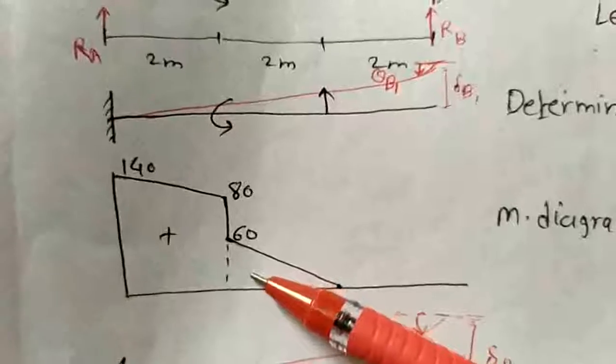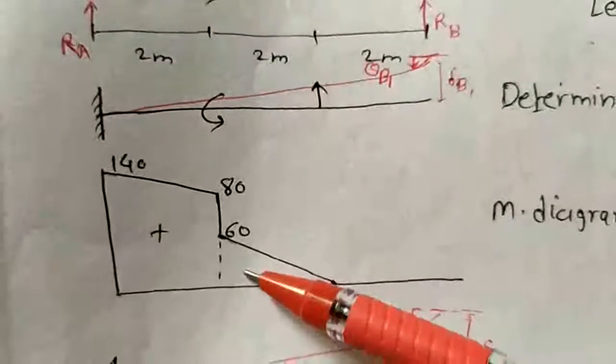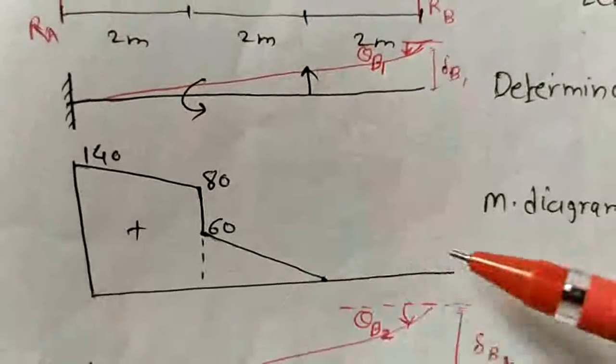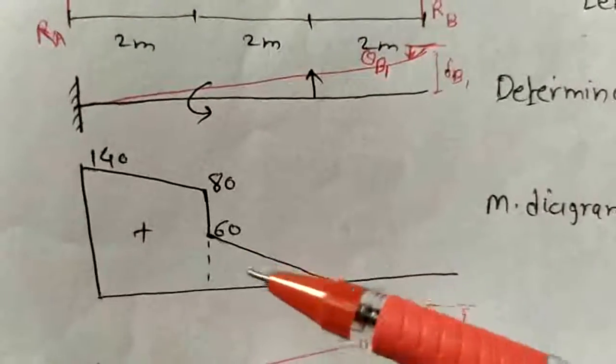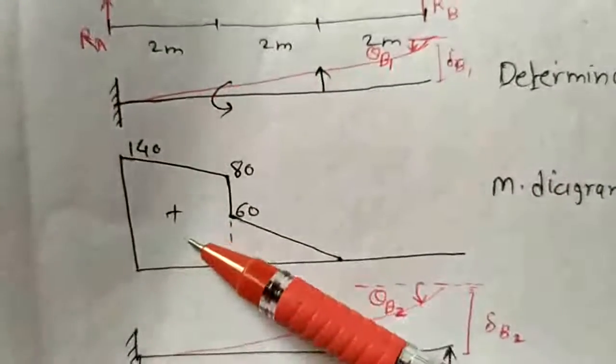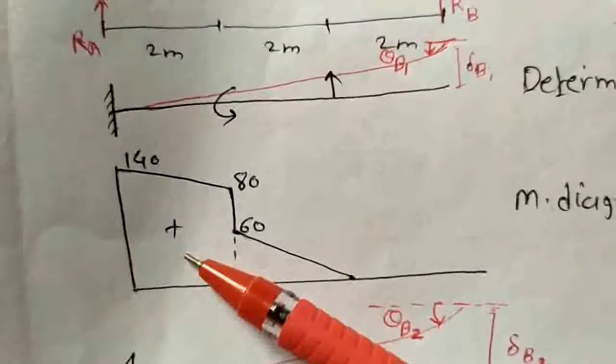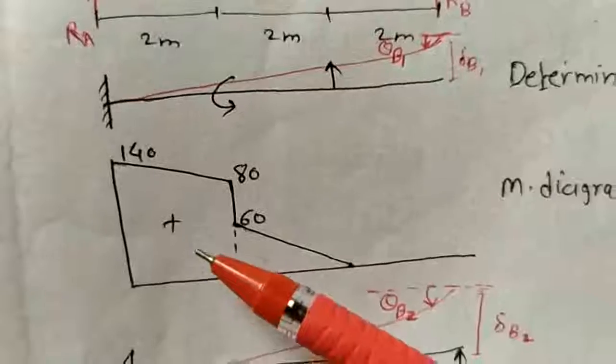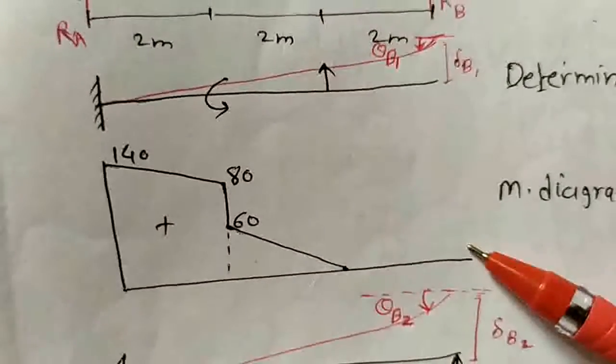Suppose this is the centroid of this triangle. From this point to this point you have to measure distance and multiply that distance to the area of this triangle. Suppose this is the centroid of this trapezoid, then find out the area. Next multiply this centroid distance.